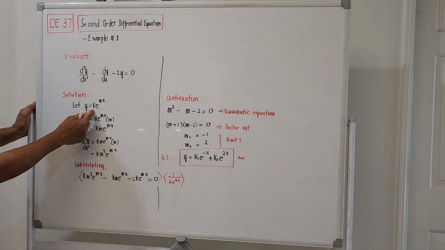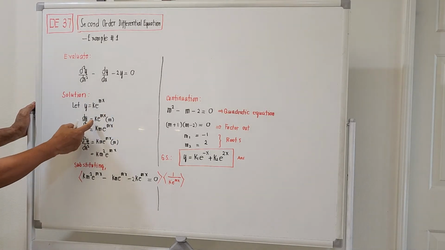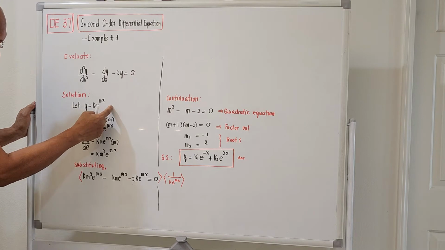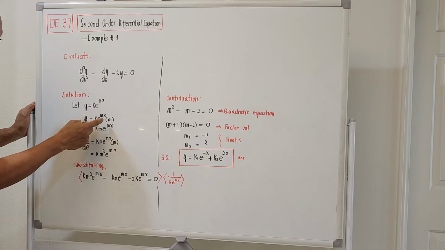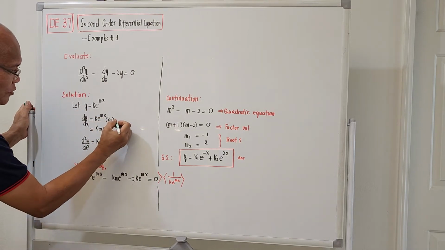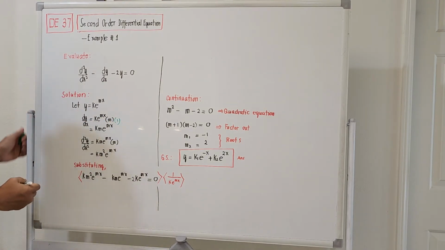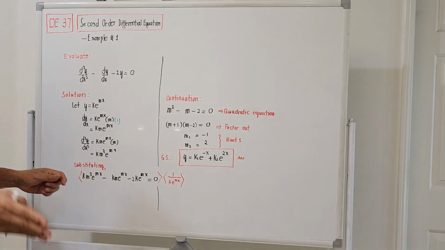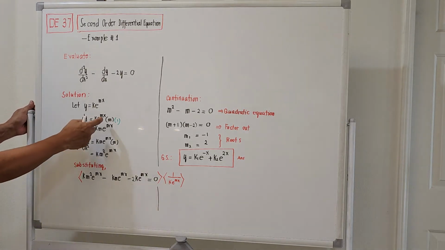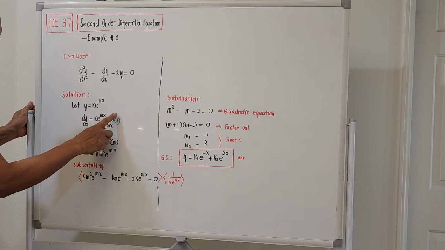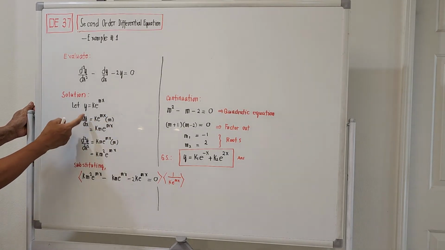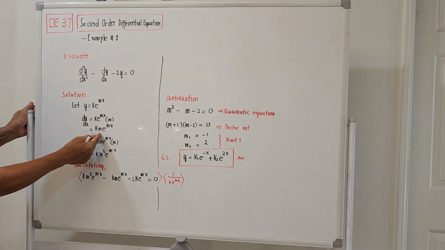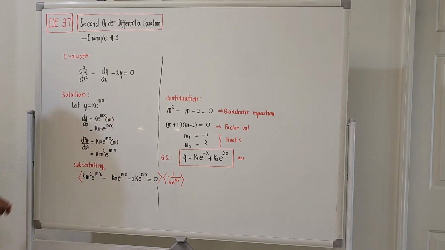It will be a constant times an exponential function, so it should be k times e to the mx, times the derivative of the exponent, which is m times 1, because we are taking the differential with respect to x. M times 1 is just m. Meaning dy dx is equal to km e raised to mx.